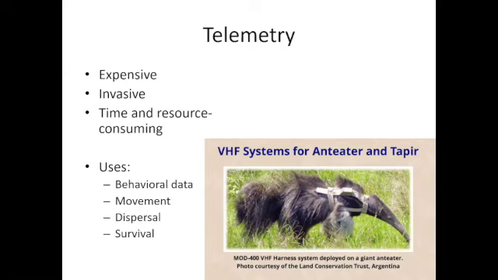But telemetry data is obviously very high resolution for specific individual behavior, movement, and important things that you can't really capture with some of the other survey methods. Things like dispersal of young of the year, for example, or individual survival and known fates.